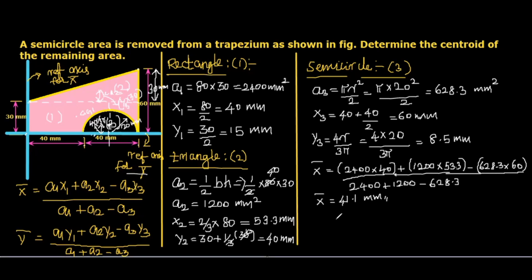Then we calculate y bar. The formula is A1 y1 plus A2 y2 minus A3 y3 divided by A1 plus A2 minus A3.